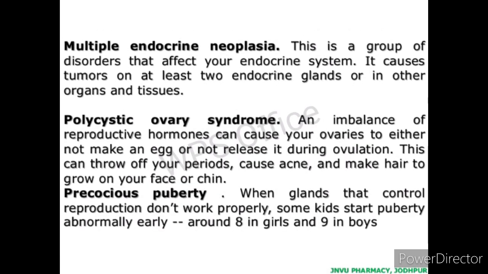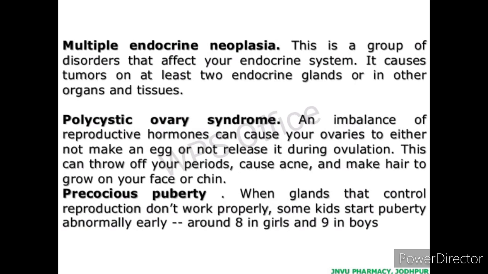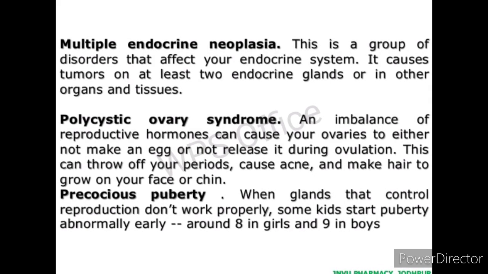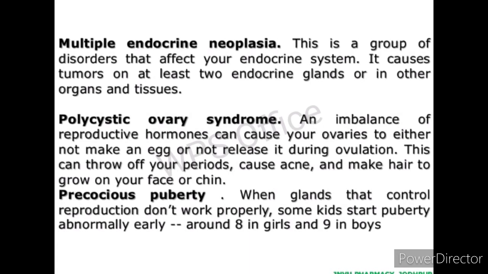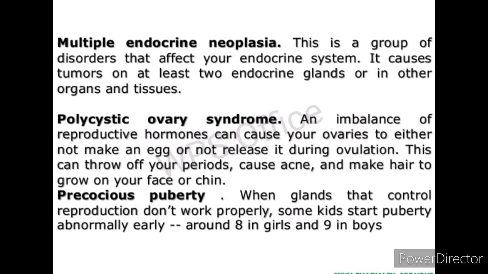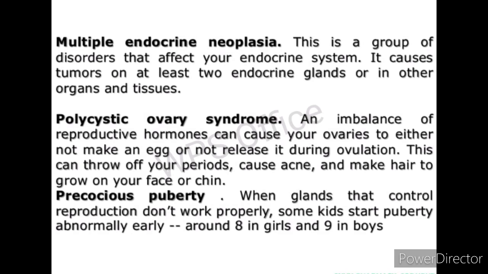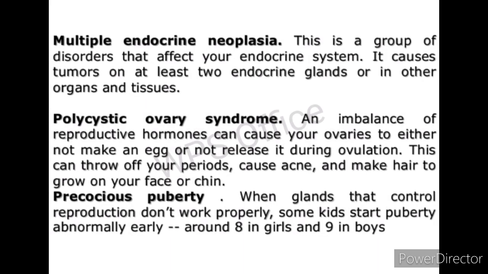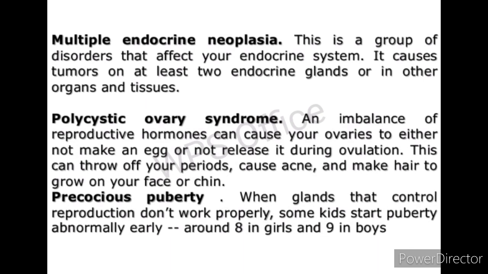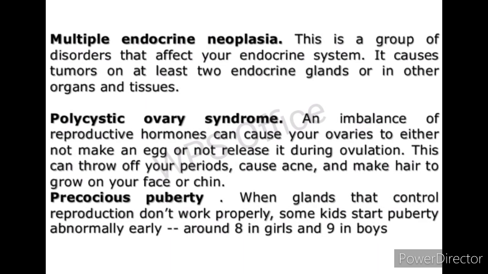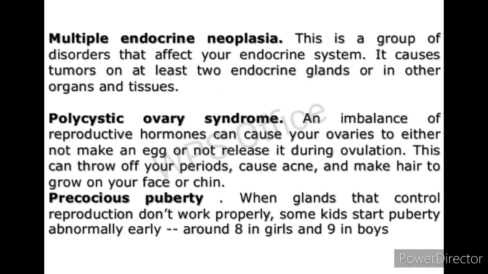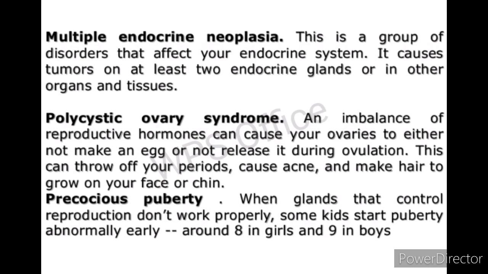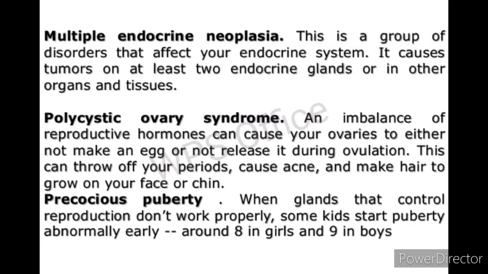Then multiple endocrine neoplasia. This will affect the endocrine system largely. It will cause tumors on at least two endocrine glands or in other organs or tissues. Then polycystic ovary syndrome, an imbalance of reproductive hormones, that is estrogen and progesterone. Then precocious puberty. So these are some of the disorders related to endocrine system abnormalities.